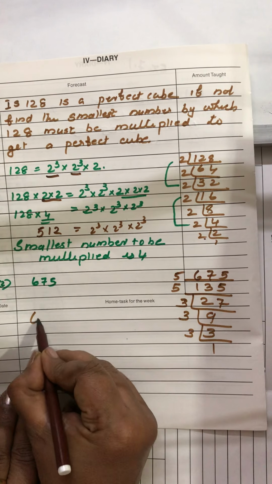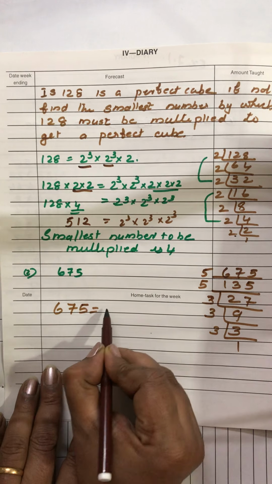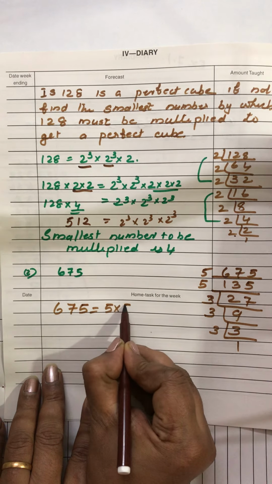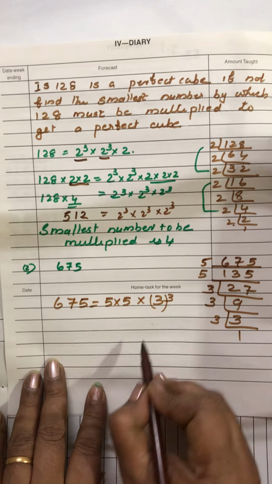So 675 can be written as 5 into 5 into 3 cube. 5 into 5 into 3 cube.